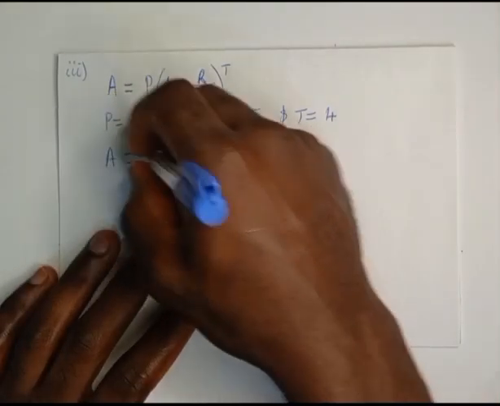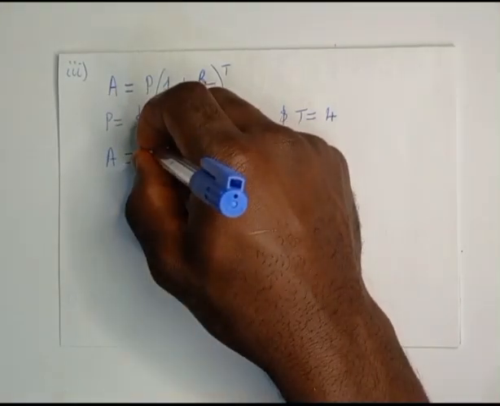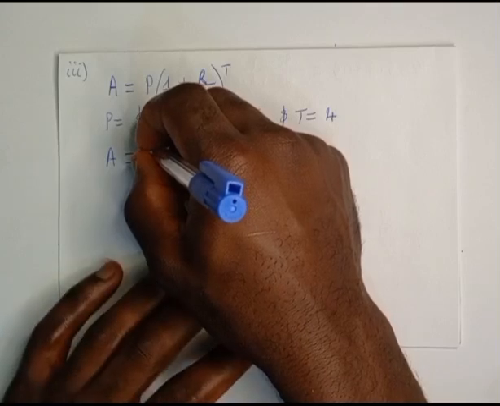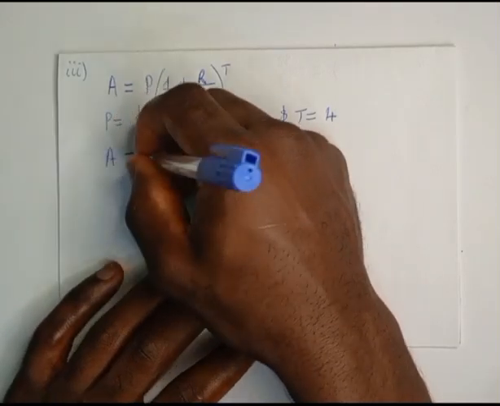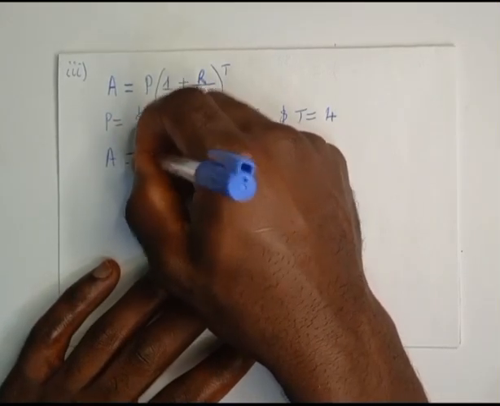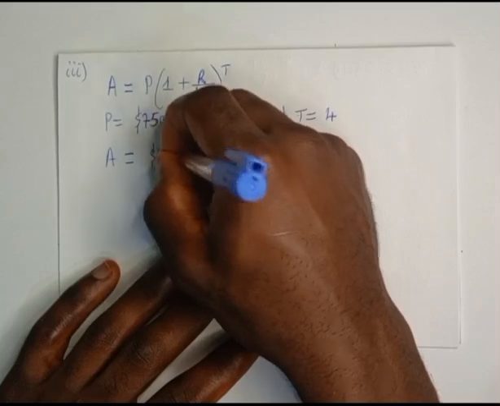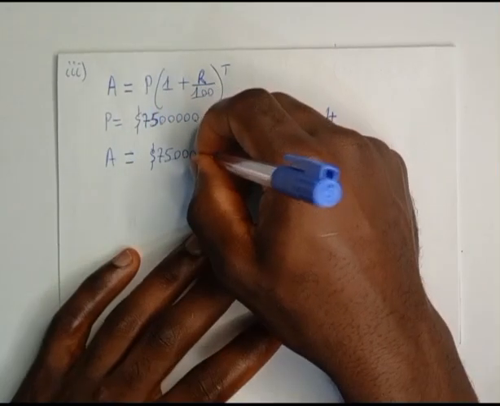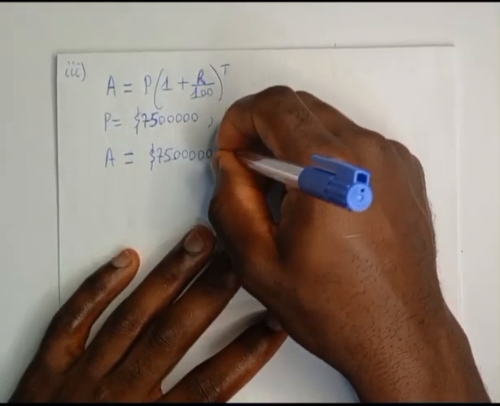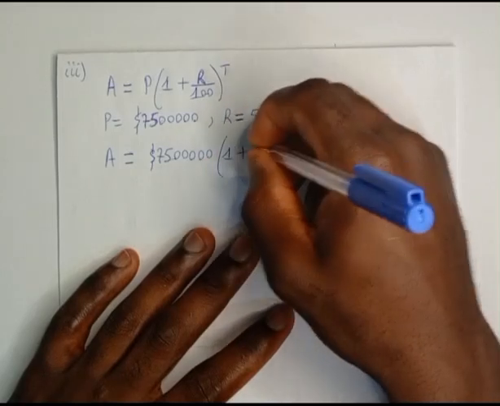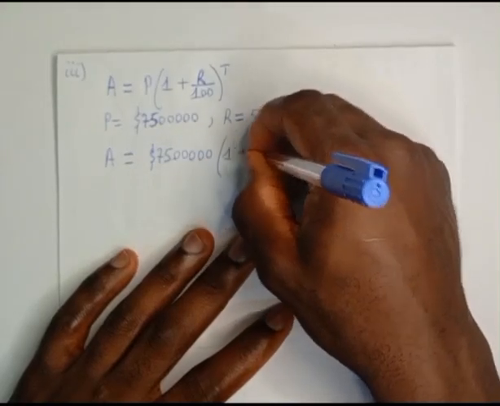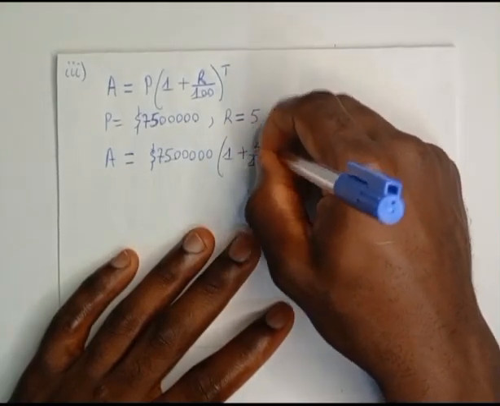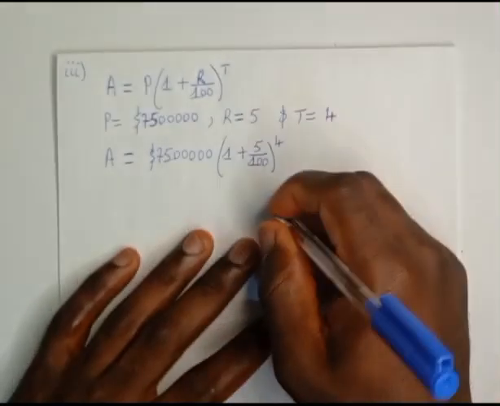The amount will be equal to, we are going to multiply the amount being borrowed, which is $7,500,000, by 1 plus 5 all over 100, all this raised to the power 4.